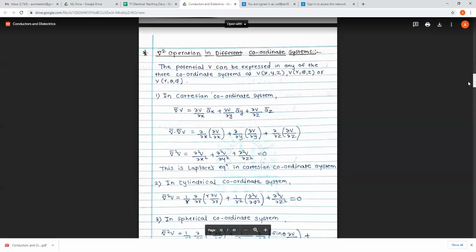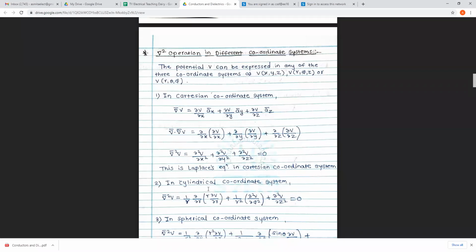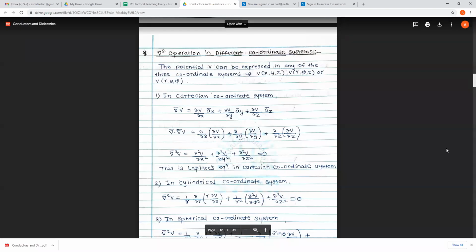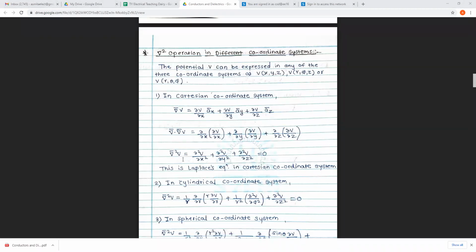But there was only a single del operator, and now we are multiplying by del again, considering del square V, which is the gradient of the scalar quantity V.